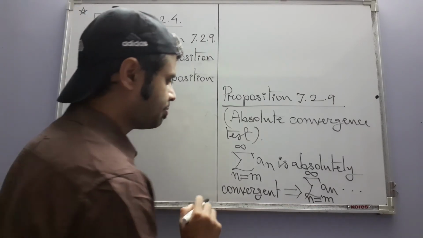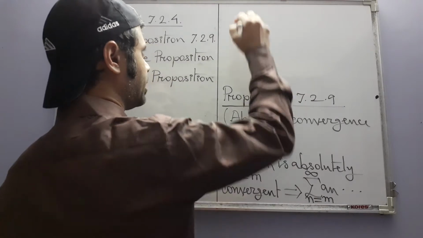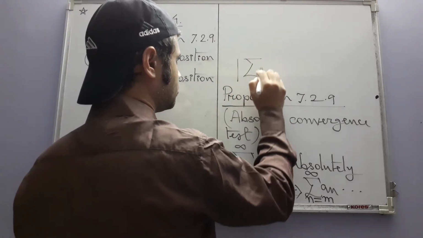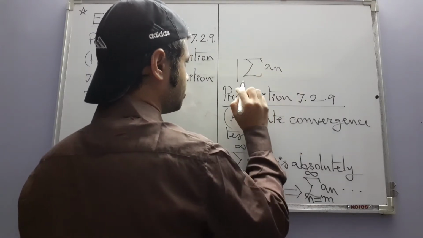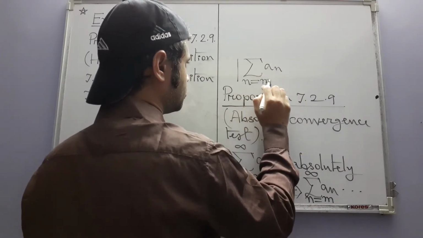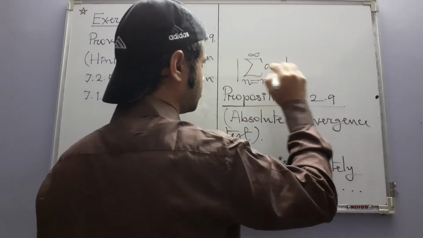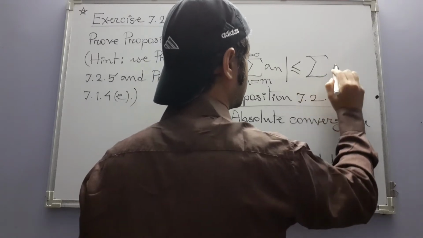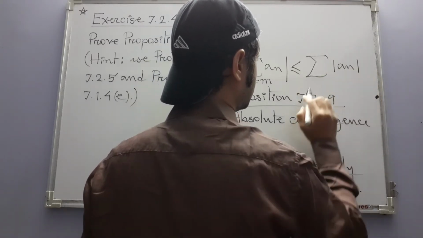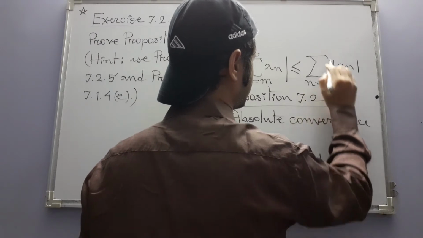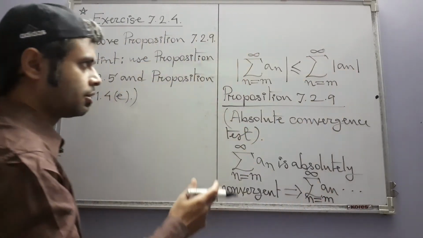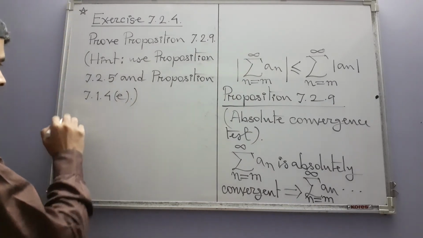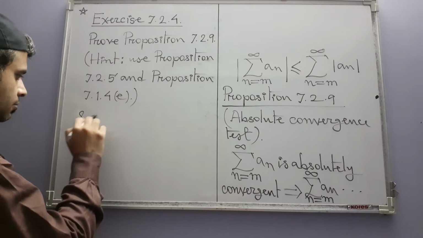And when that happens, we also have this triangle inequality, that the absolute value of the sum of the original series is less than or equal to the sum of this series whose terms are the absolute values of the terms of the original series. So that's what we have to prove. So let's see the solution.